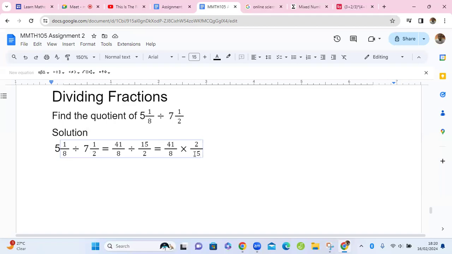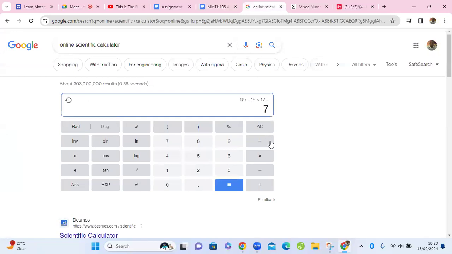You're dividing 10 by 0.5. 10 divided by a half will give you 20. So dividing by a half is like multiplying by 2. So dividing 10 by 1 over 2 is like multiplying 10 by 2 over 1.